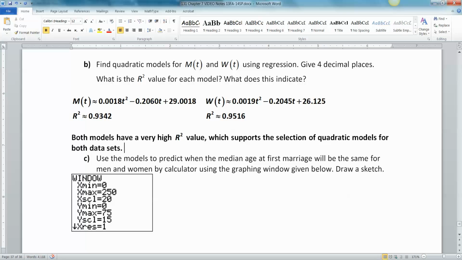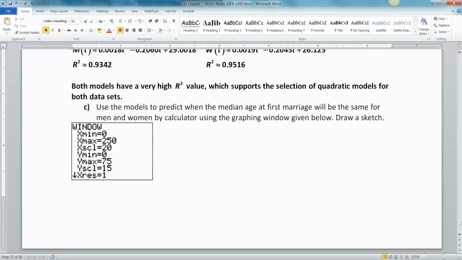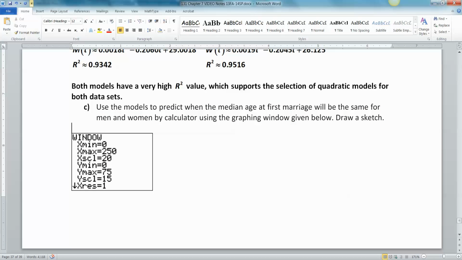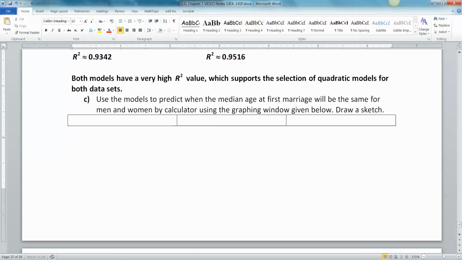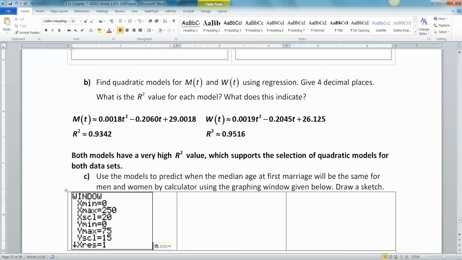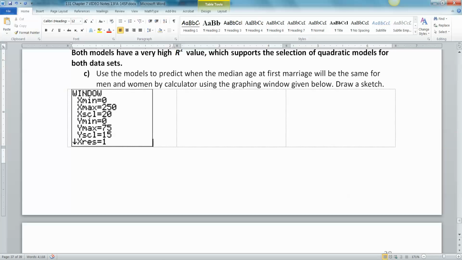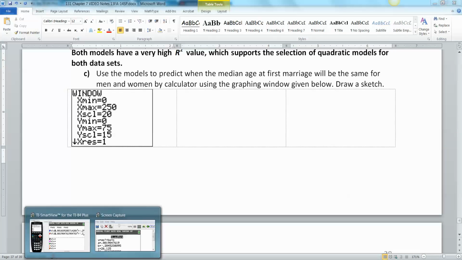Right? All right, so now we're going to use those models to predict when the median age at first marriage will be the same by drawing a picture on our calculator. I've given the window right here in the notes, so we're going to follow that window: 0 to 250, 20, and 0 to 75, 15.